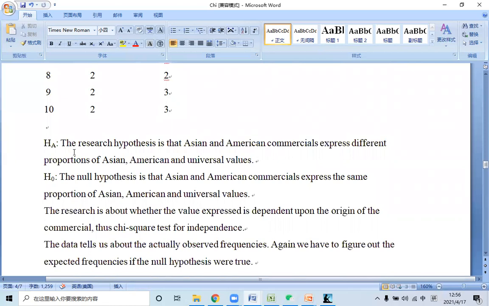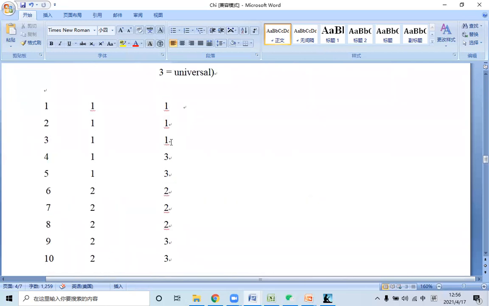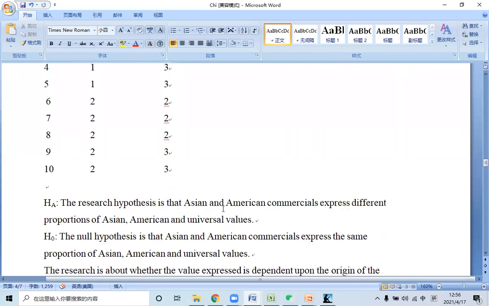How do we lay out the hypothesis? The research hypothesis says Asian and American commercials express different values, different proportions of Asian, American and universal values. The proportion of values would differ between Asian and American commercials. That's the research hypothesis.